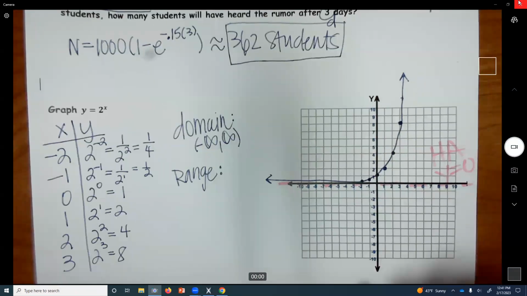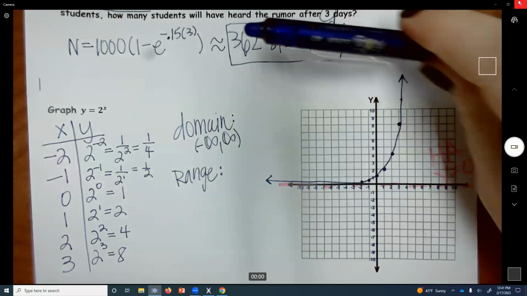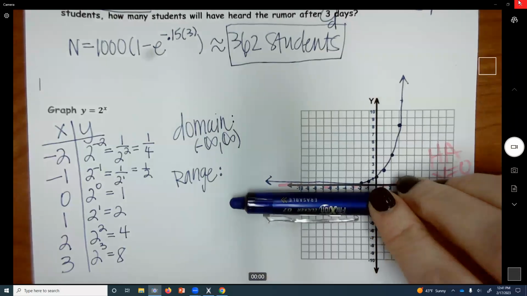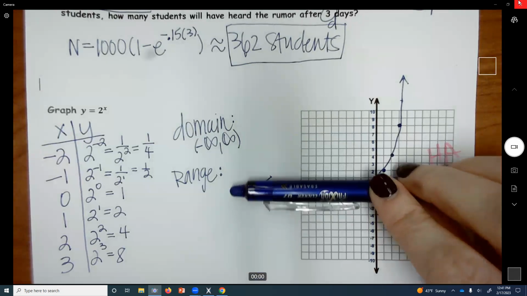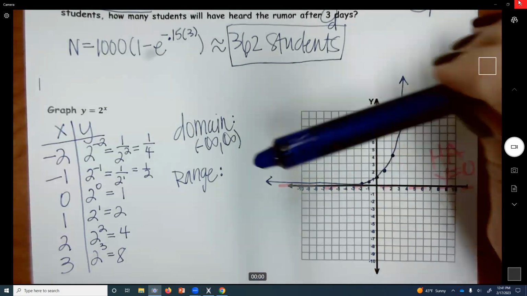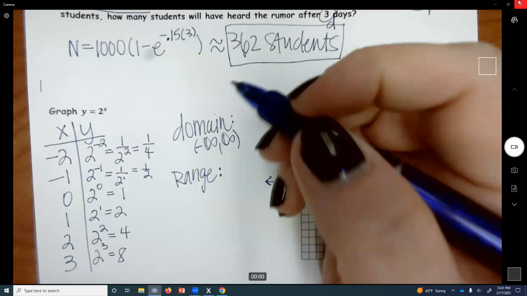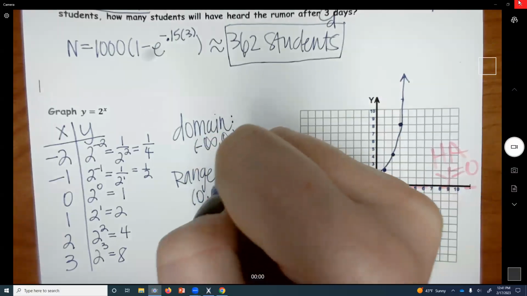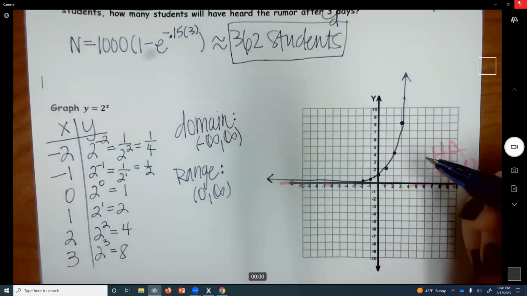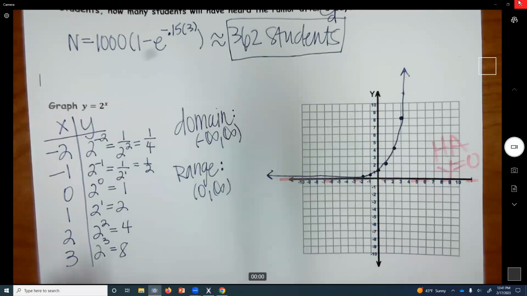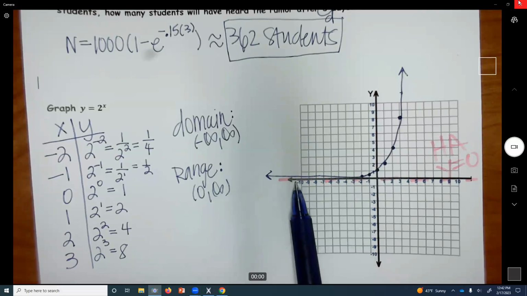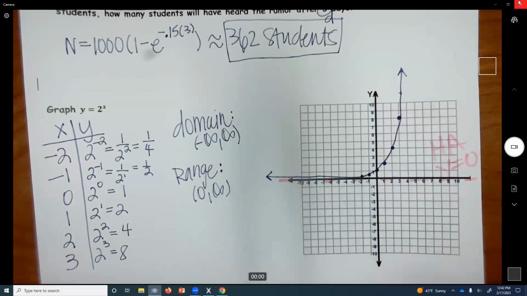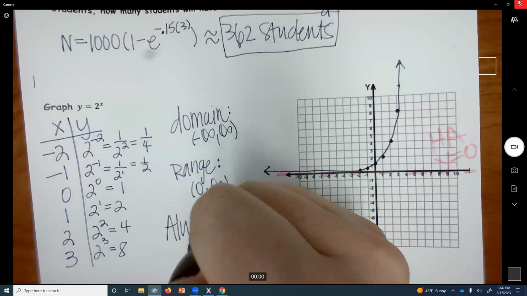As I go from the bottom to the top, it's got a horizontal asymptote right here at 0, and then it's going to keep going up really quickly forever. So this is 0 to infinity. And one more thing that we want to make a note of is that this graph, no matter where you are, is always increasing.